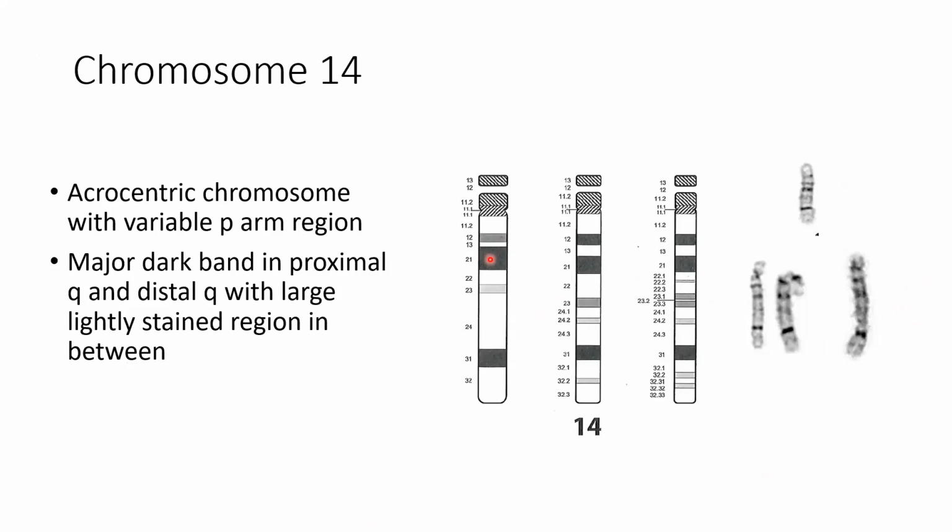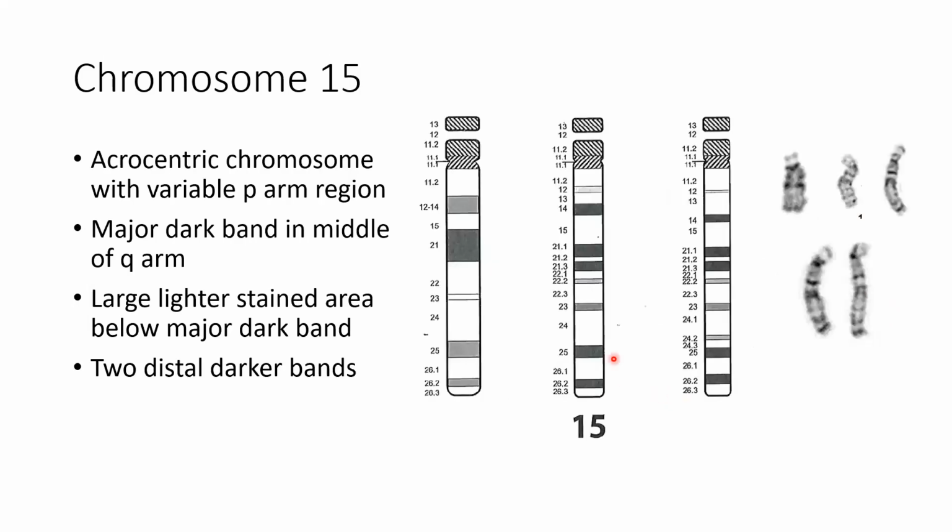So we've got a major dark band near the centromere and a major dark band toward the telomere, but that again has a wide gap of not so darkly stained area on 14. Whereas 15 has, again, a major dark band in the middle of the Q arm, kind of like chromosome 13, but the difference, I think, is easier to see on this next one.